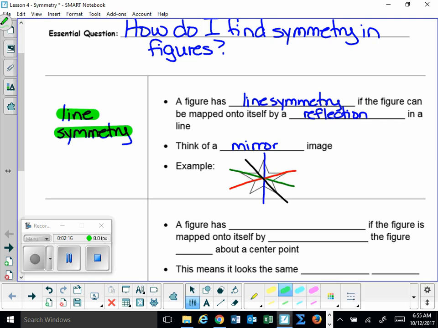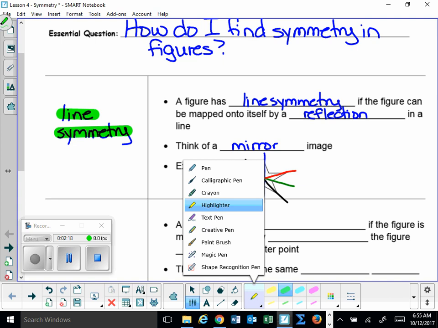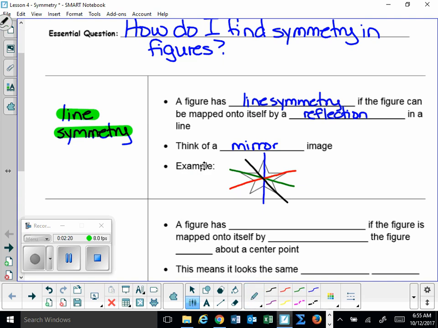It'll fold up perfectly. Let me grab another color here. Purple. Oh, it still came out blue. There we go. Okay, so if I look at this particular star, I have 1, 2, 3, 4, 5 lines of symmetry.